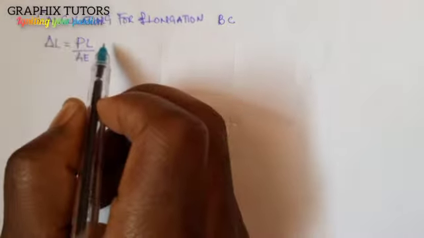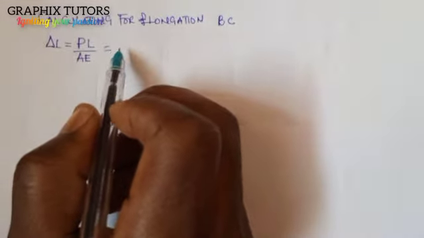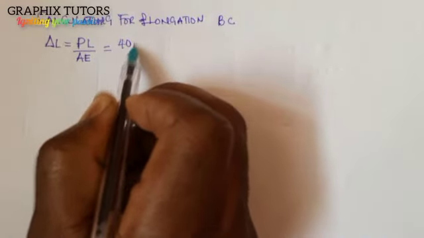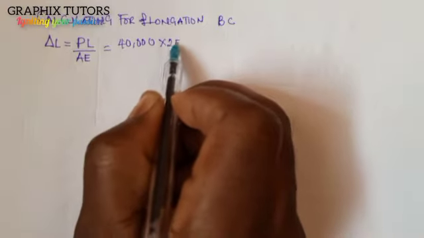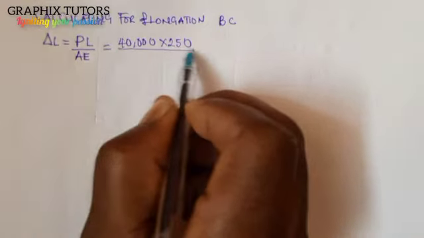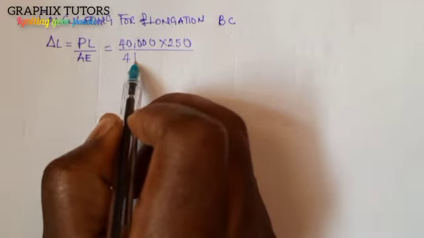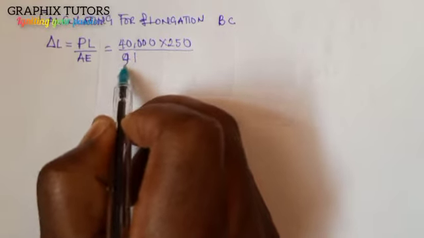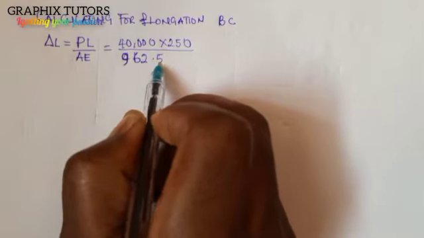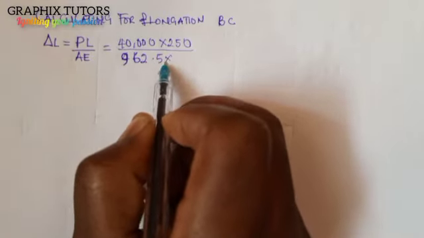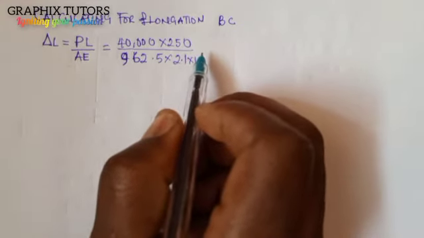So if we input our parameters, we're going to be having the force, which is 40,000 multiplied by the length, which we know is 250, all divided by the area, which is 962.5 multiplied by the Young modulus, which is 2.1 times 10 raised to power 5.